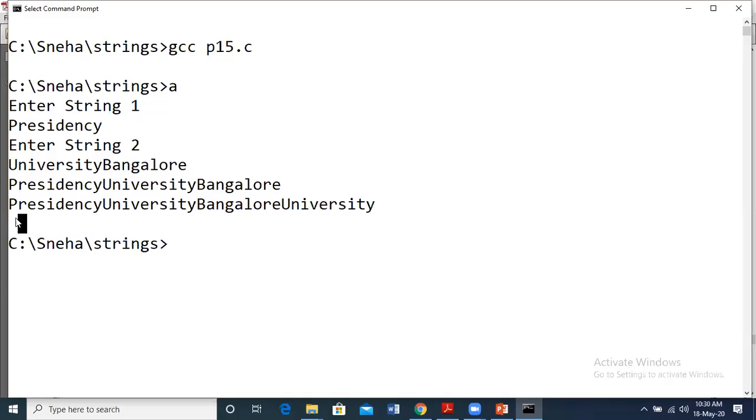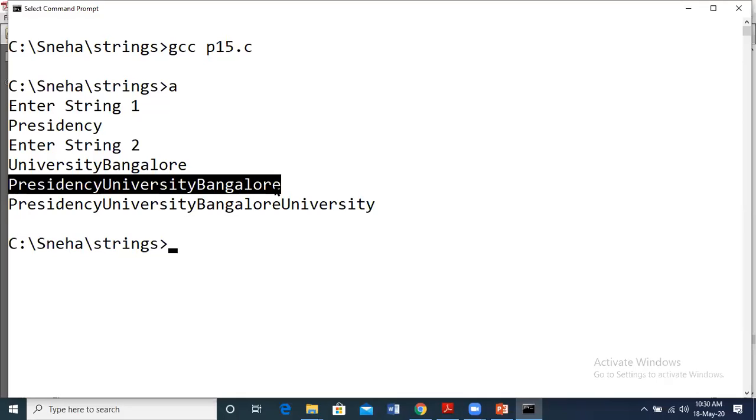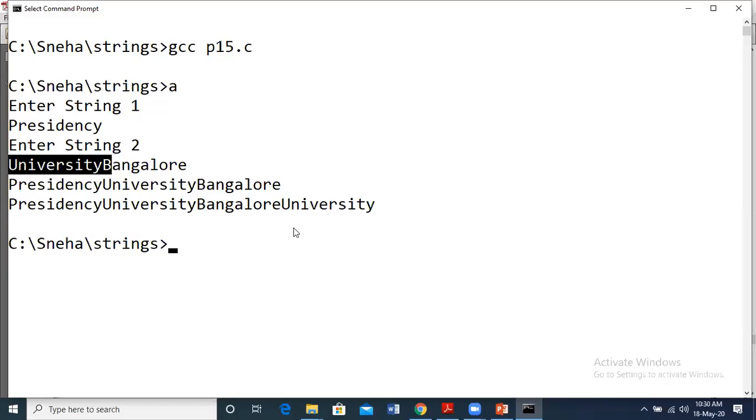Presidency University Bangalore, ma'am. Presidency University Bangalore is after strcat is done. After strncat, University is the first 10 letters. It is also appended. So now what happens to string 1?